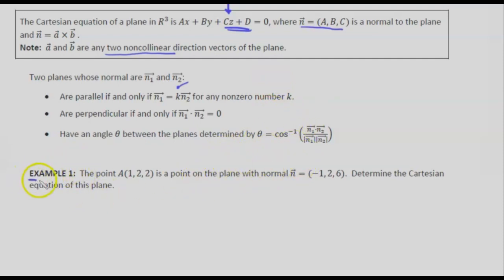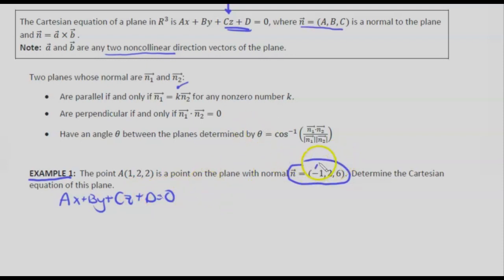So example 1, here we go. The point A, 1, 2, 2 is a point on the plane with this normal. Determine the Cartesian equation of the plane. As a reference, the Cartesian equation is always going to start off as ax plus by plus cz plus d equals 0.